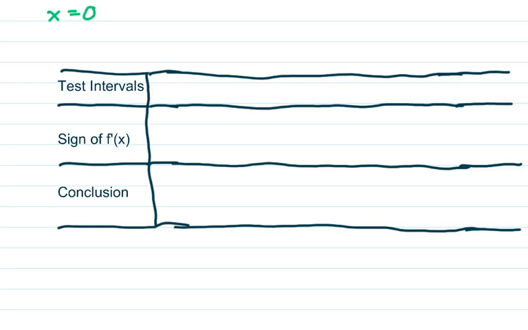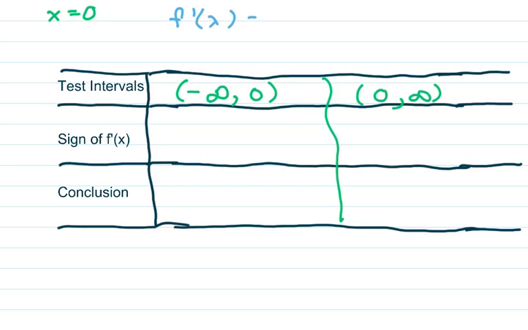So my test intervals are going to be from -infinity to 0, and then from 0 to infinity, and we're plugging it into our derivative, and our derivative is 2 over 3x to the 1/3.